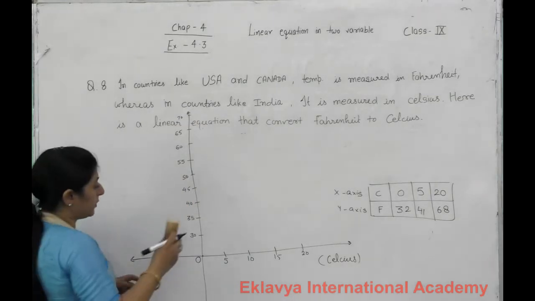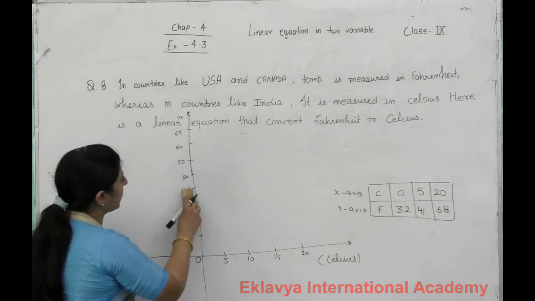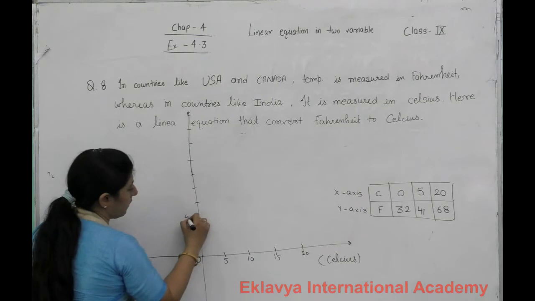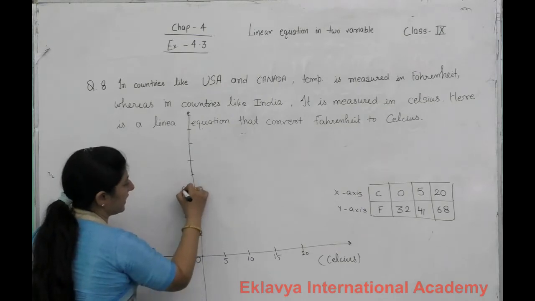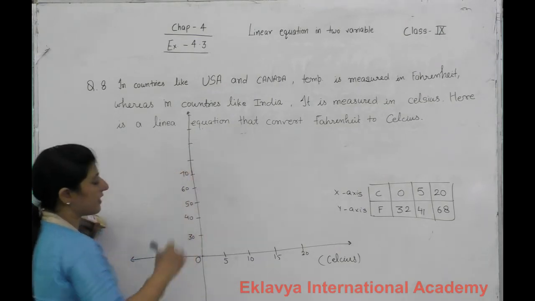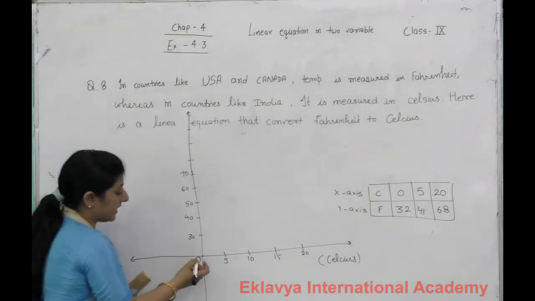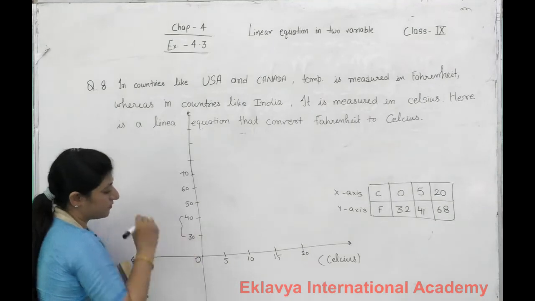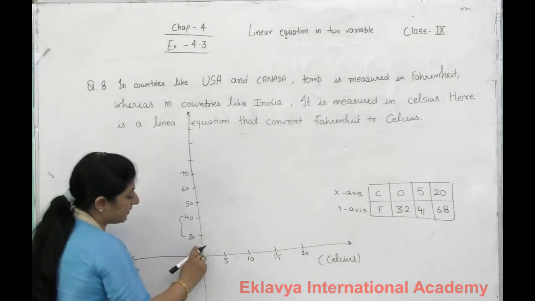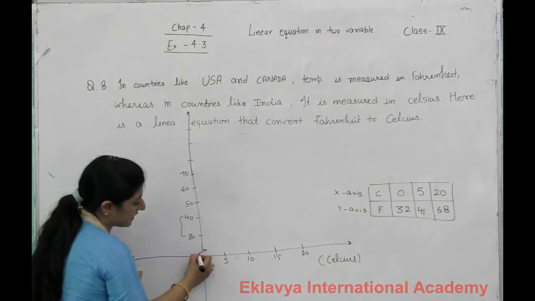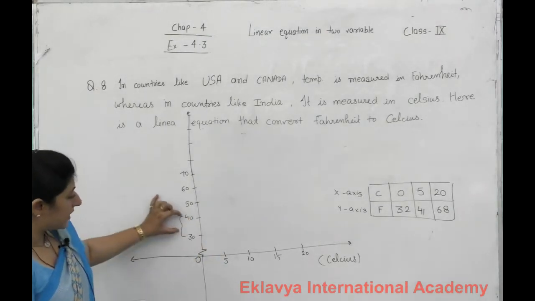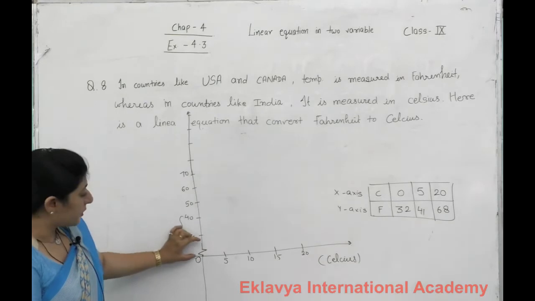Or you can take a gap of 10, no problem: 30, 40, 50, 60, 70. See here, there is a gap of 30 but then a gap of 10. It means we have to put a kink sign here, because this gap and this gap are not similar.